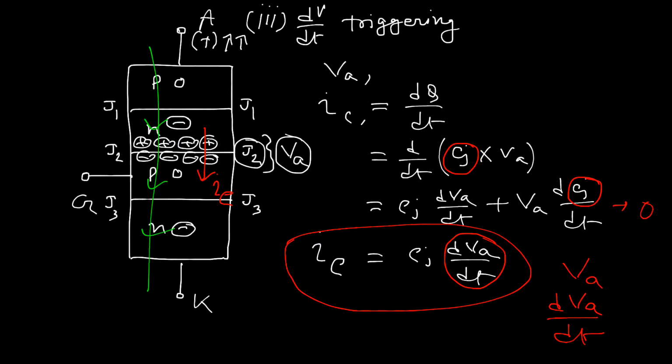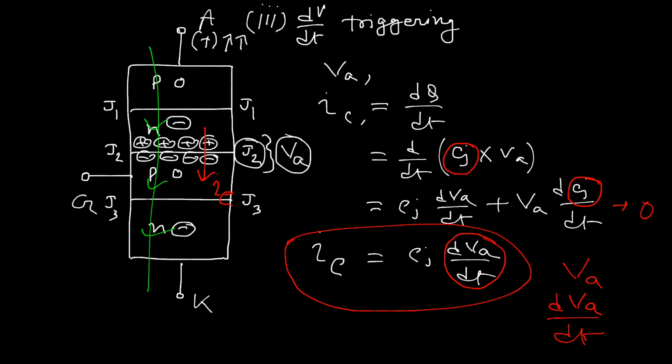We can conclude from this phenomenon that the device conduction depends on the rate of change of voltage applied across the anode, not only the magnitude of the anode voltage. It is similarly possible that if we increase a huge amount of anode voltage gradually, the device can remain in the off state.